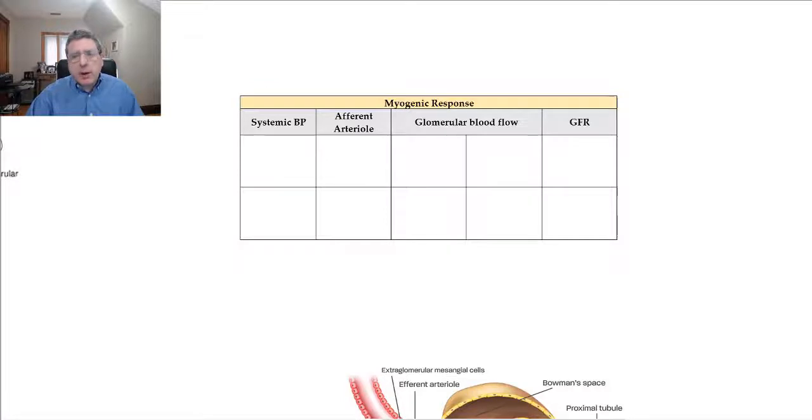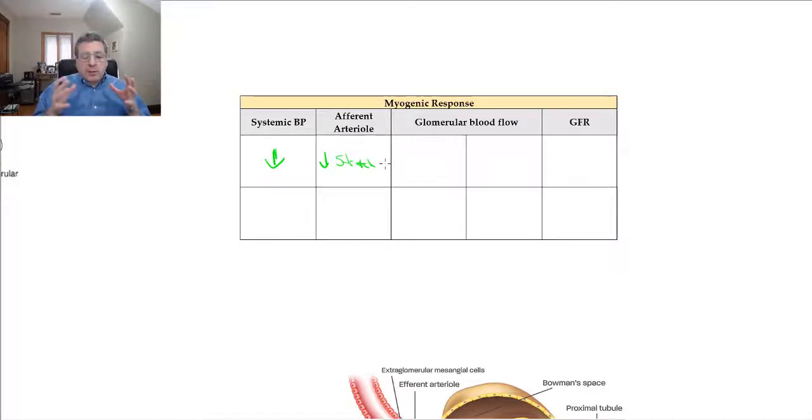If we have a decrease in systemic blood pressure, okay, what is that going to do to the stretch of the afferent arteriole? If we have a decrease in blood pressure, that decreases the stretch. That's stretch, believe it or not.